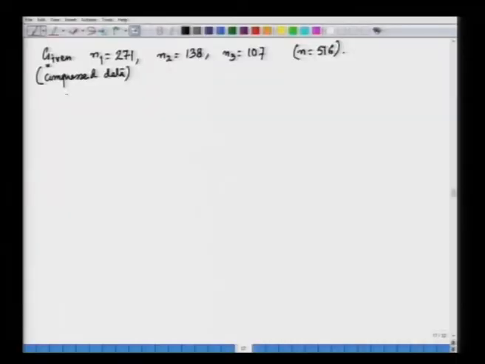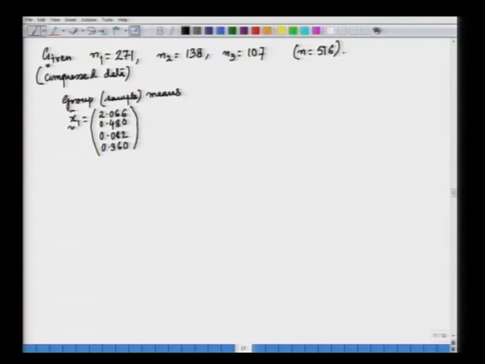So, I need to know the group means. The group sample means are given to me, without which I cannot proceed further. The first one, x1 bar, is given by 2.066, 0.480, 0.82 and 360.